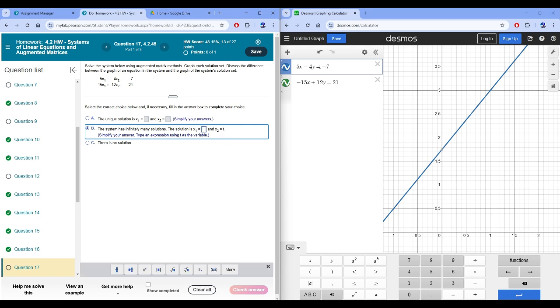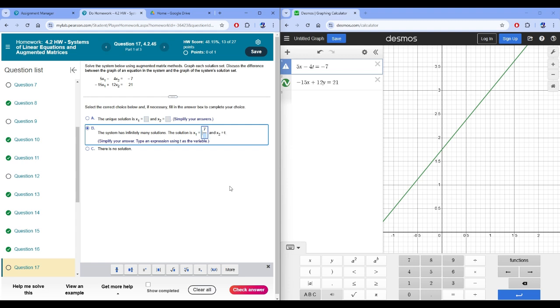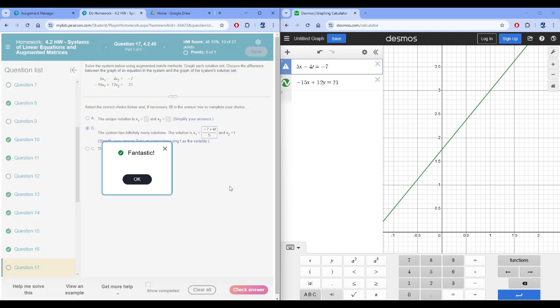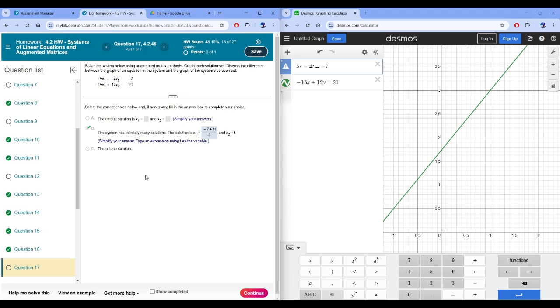So if this becomes t, then it's going to be x equals negative 7, plus 4t divided by 5, because you got to solve for y equals. There you go. Moving on.